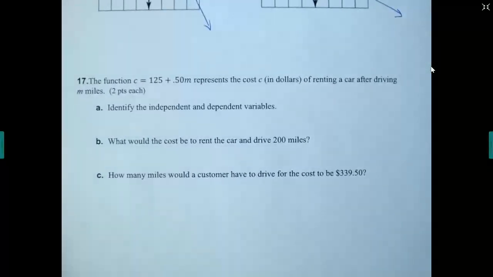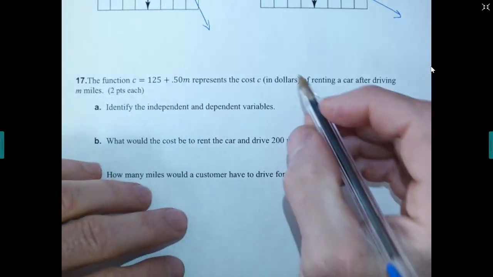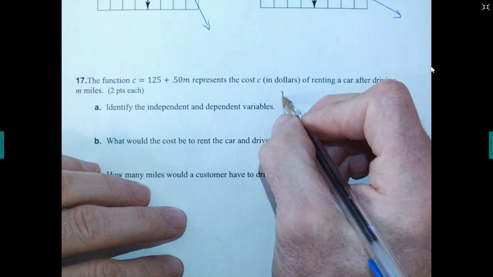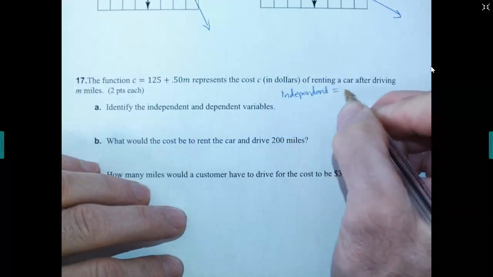Last one, number 17. The function C equals 125 plus 0.5m represents the cost, C, in dollars, of renting a car after driving m miles. A. Identify the independent and dependent variables. Well, if you remember, independent are the x values.